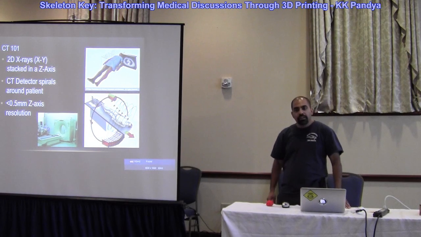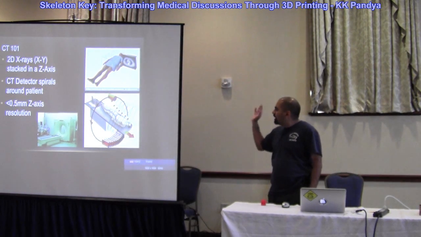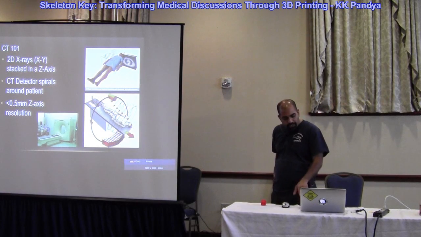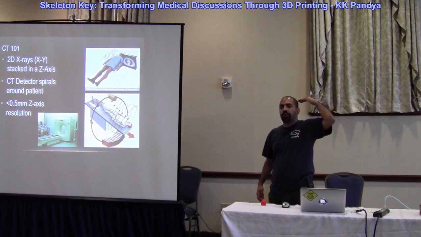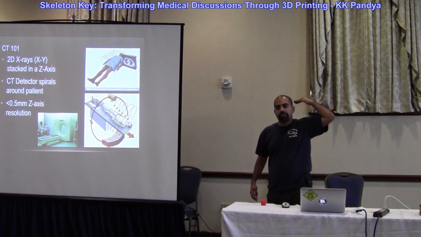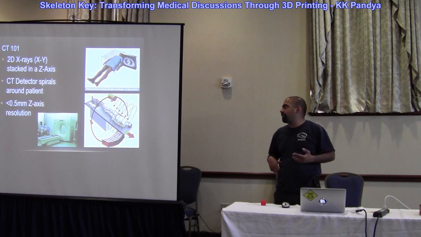All right. So with CAT scans, you can speed through some of this to get to the actual workflow. CAT scans are a series of X-rays shot through the body, usually head down or from top to bottom of whatever the region of interest is.